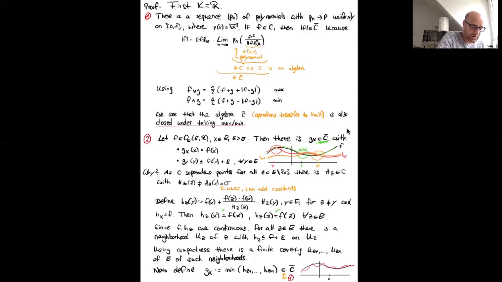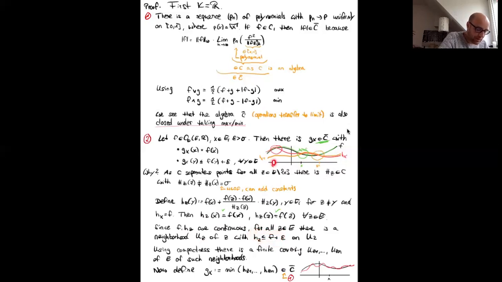So suppose you have a continuous function, by taking the difference, which is 0, then there's a neighborhood so that on the neighborhood, the function is between minus epsilon and epsilon. So that's continuity. So we know for our function hz, there's a neighborhood of z, so that hz is smaller than f plus epsilon on that neighborhood.